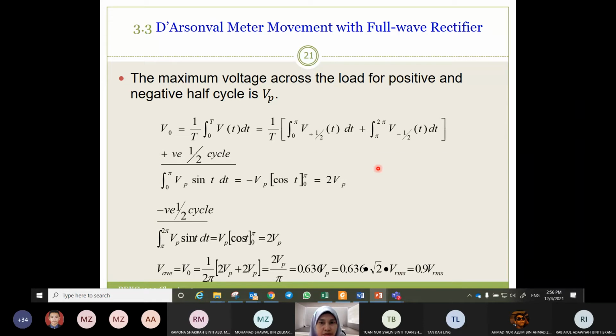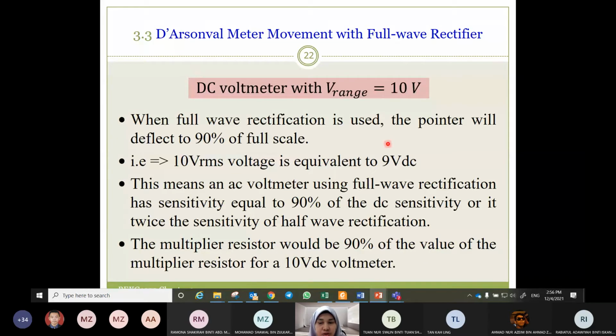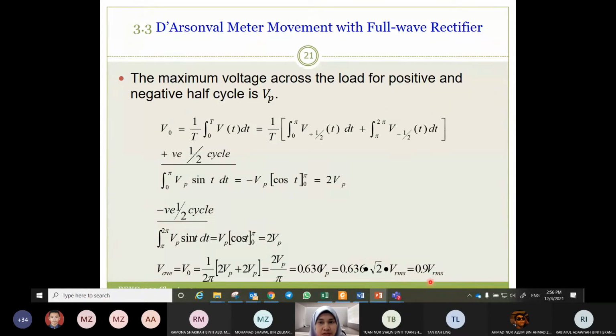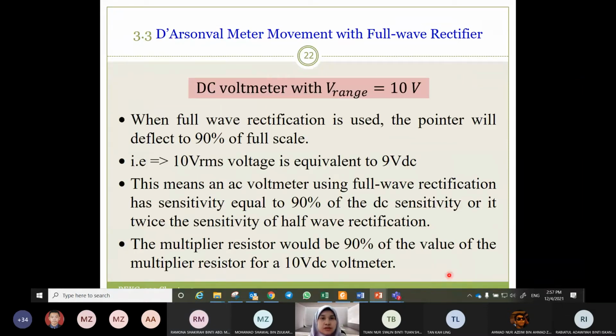So for an AC meter circuit with full-wave rectifier, V average, or VDC, or V out is equal to 0.9 VRMS. It is double that of the half-wave rectifier. In half-wave rectifier, V average is equal to 0.45 VRMS. So for full rectifier, it doubles to 0.9 VRMS.